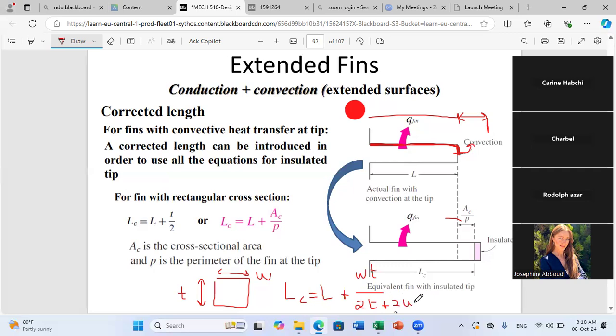Now, in general, we have the case that the width is much larger than the thickness.